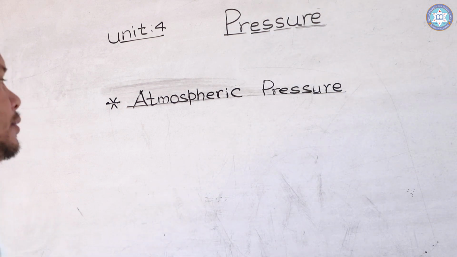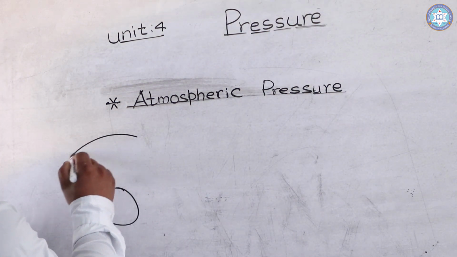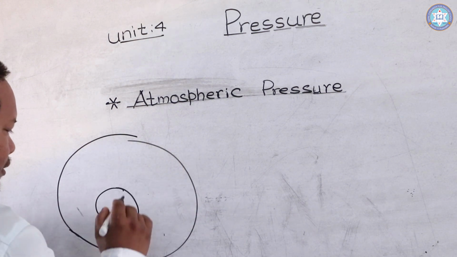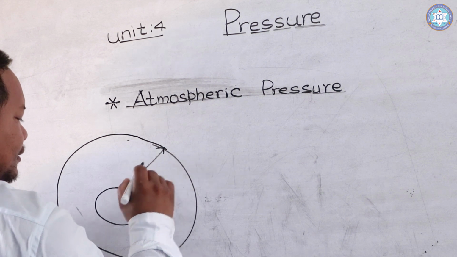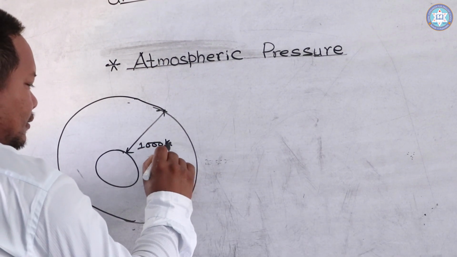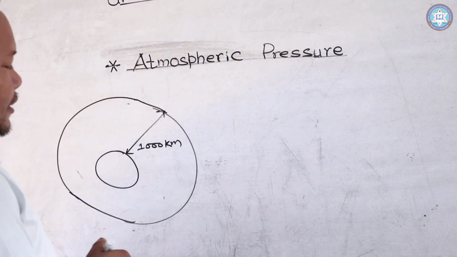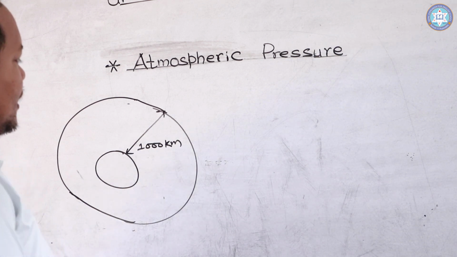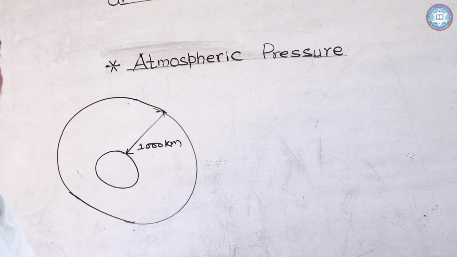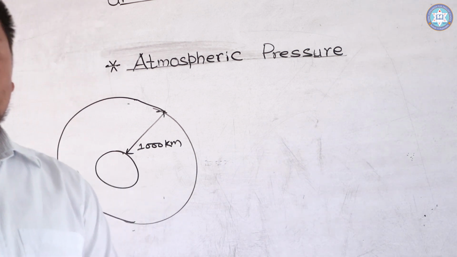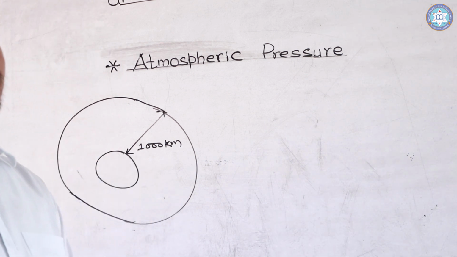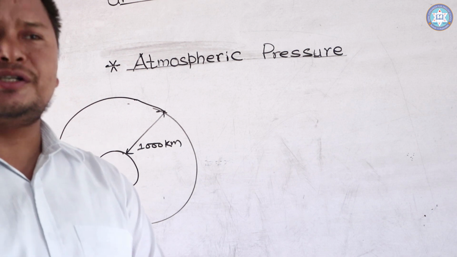Around the earth, about 1000 kilometer it occupies the air. That means air is covered, and this air consists of about 76% nitrogen, 21% oxygen, and the remaining is other gaseous particles.